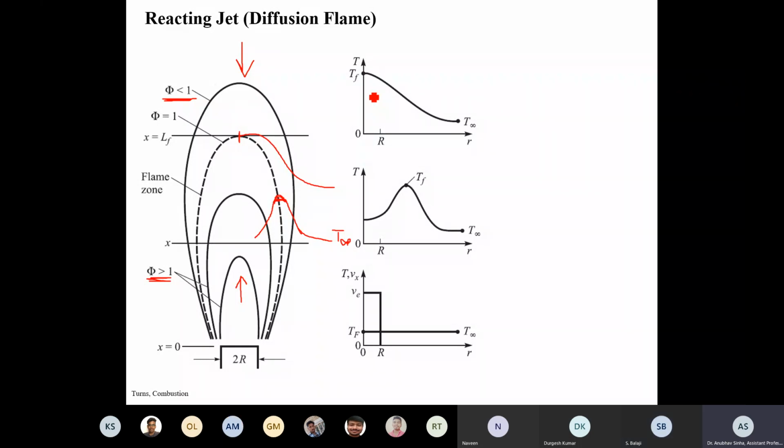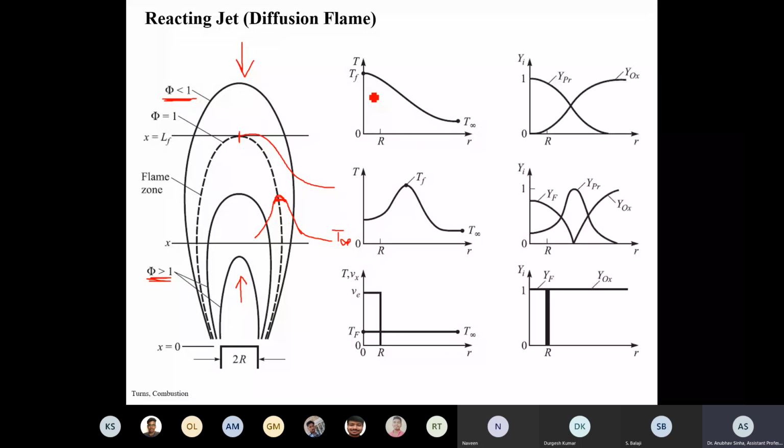Okay. Let us now talk about fuel. Again, a similar type of thing we'll see for fuel. If I cut it here, fuel will be everywhere. Fuel is 1. Outside we have oxidizer. We are going radially. This plot is a radial plot again. If you go radially out, up to here you will see all fuel.